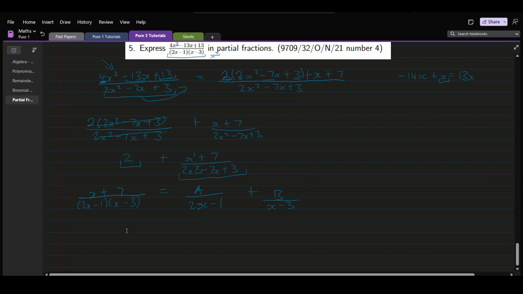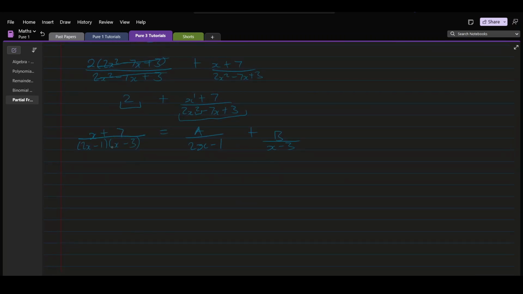And again, we'll multiply it through by the denominator on the left hand side to get rid of all the denominators. So that's a times x minus 3 plus b times 2x minus 1.